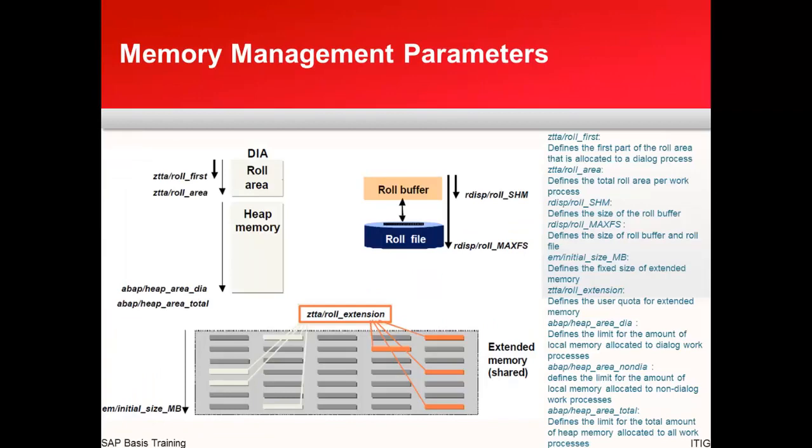Now let's get into the memory management parameters. These are the memory management parameters: roll_first, roll_area, roll_shm, and roll_max_fs. So these are basically the memory management parameters. Let's get into the system to see these parameters.